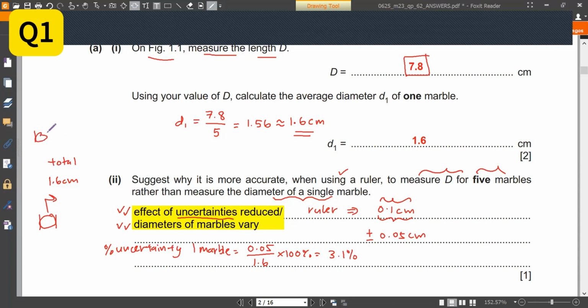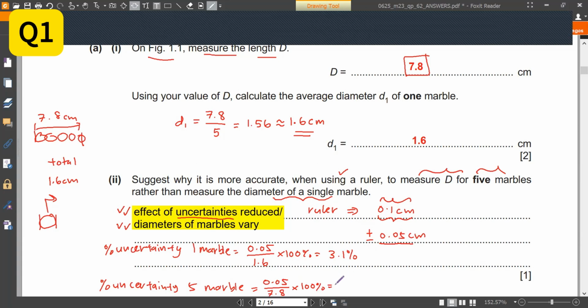So if we measure 5 marbles, the total is 7.8 cm. So the percentage uncertainty for 5 marbles will be 0.05. So we're still using the same ruler, still 0.05. But now the total is 7.8. Okay, 0.05 divided by 7.8.